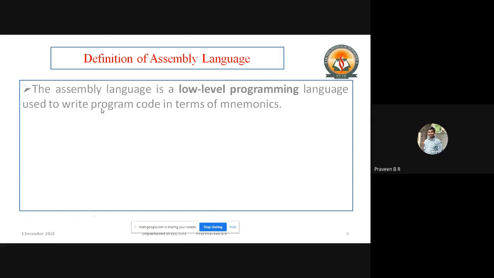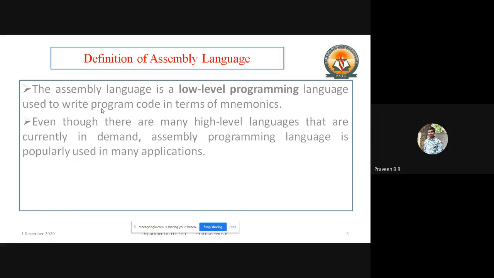So what is an assembly language program? It is a low level language used to write the program in terms of mnemonics. The high level languages, even though they are currently in demand, we always prefer the low level language because of the applications.